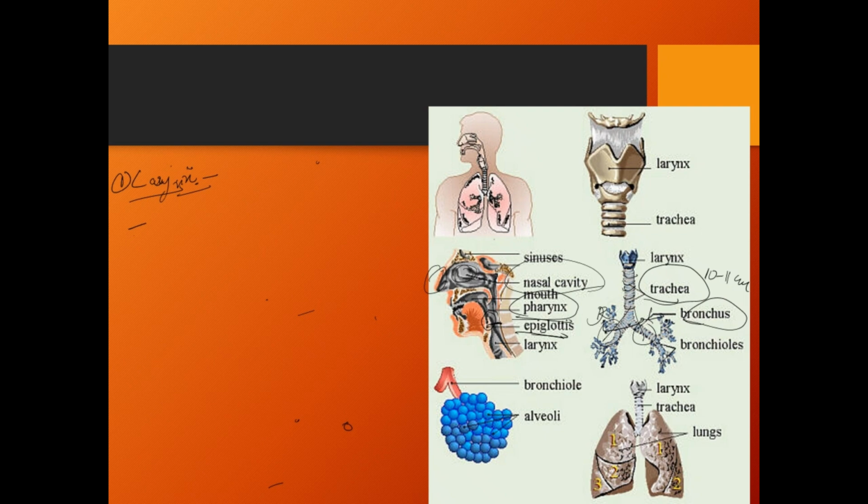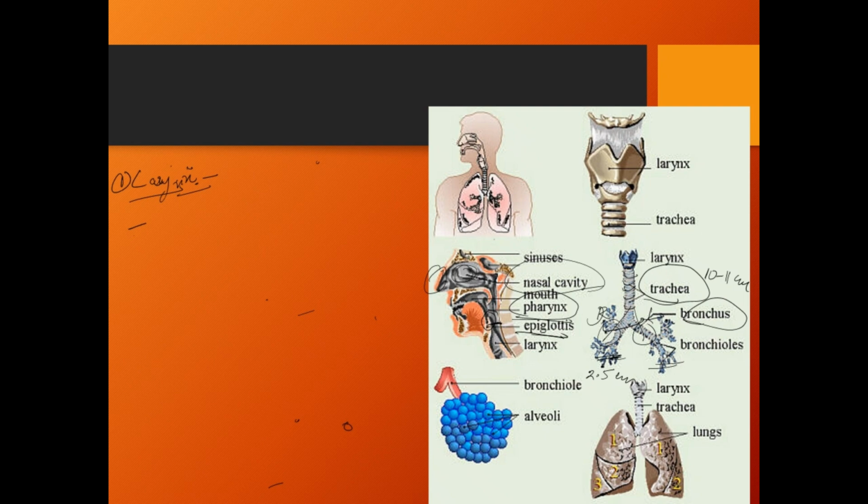Now the right portion is wider and shorter. You can see this is short and this is long. It is a bit shorter than the left bronchus, and the right one is around 2.5 centimeters long.